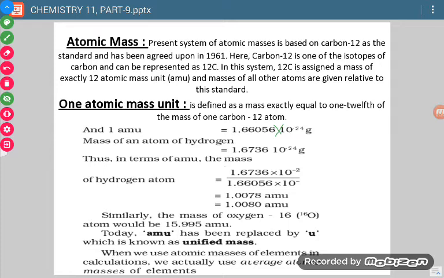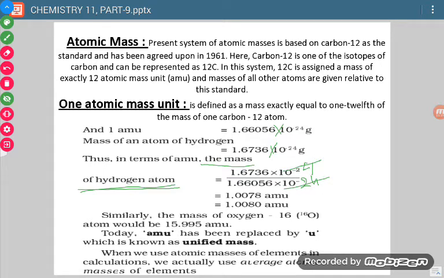The mass of an atom of hydrogen is 1.6736 into 10 raised to power minus 24 gram. Now if we have to calculate the relative mass of hydrogen atom, we divide 1.6736 into 10 raised to power minus 24 by 1.66056 into 10 raised to power minus 24.